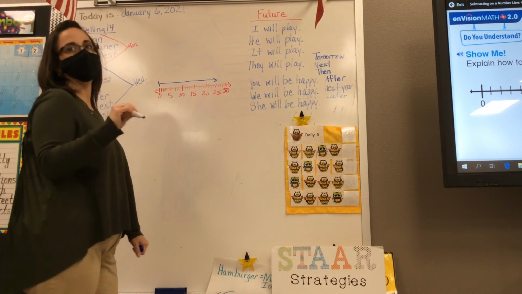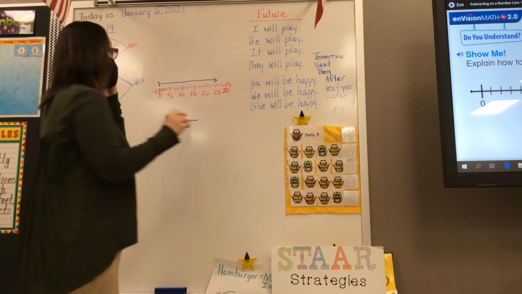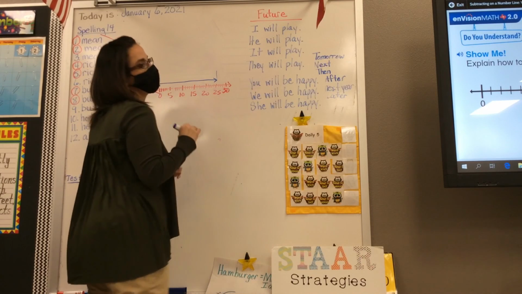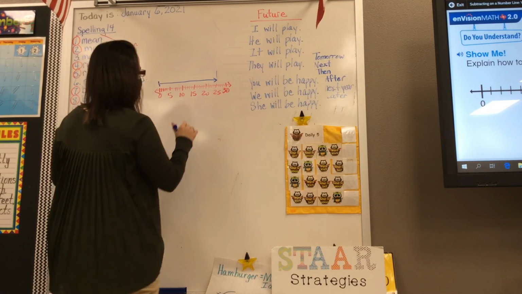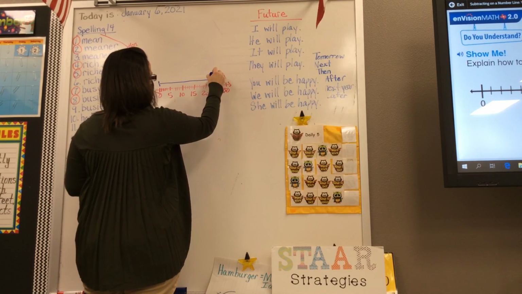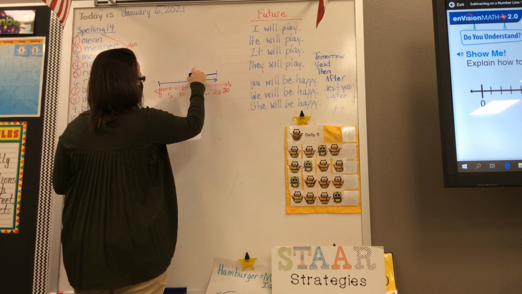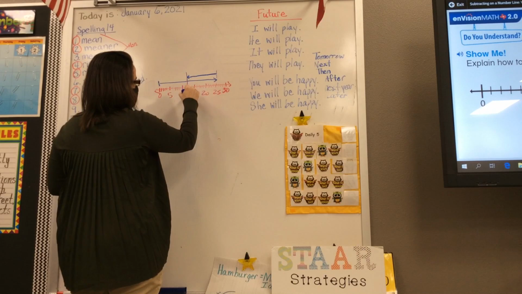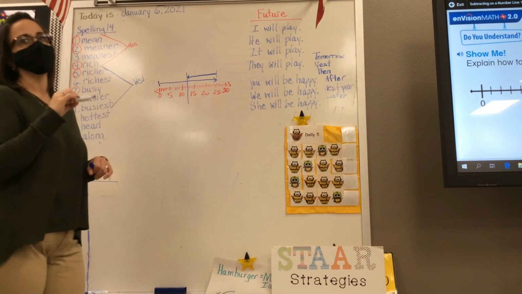Then what am I going to do? Turn around. I've got to turn around from that point, and I've got to go back how many? 13. Well, I know 25 to 20 is 5, 10. Now I go 11, 12, 13. So my answer is 13.